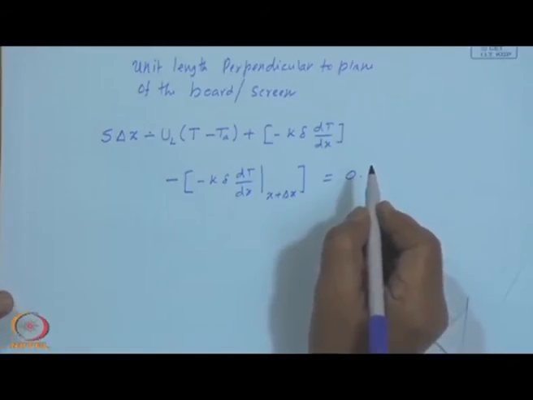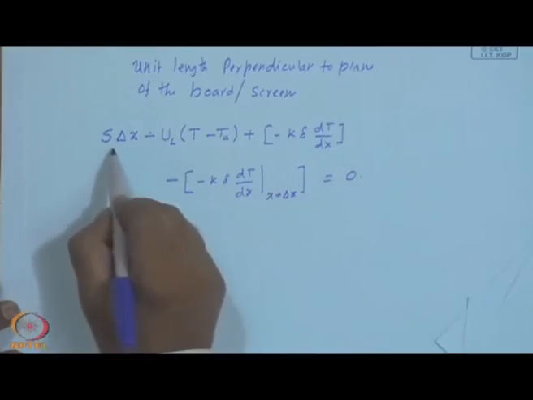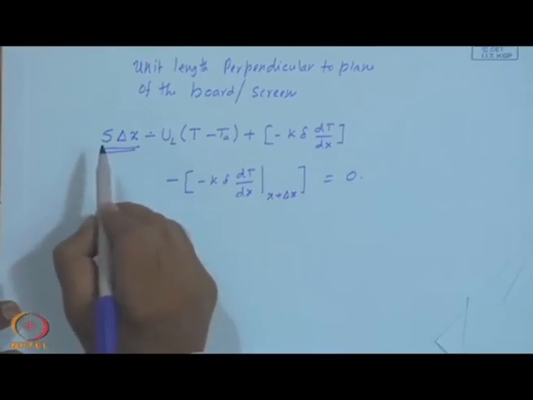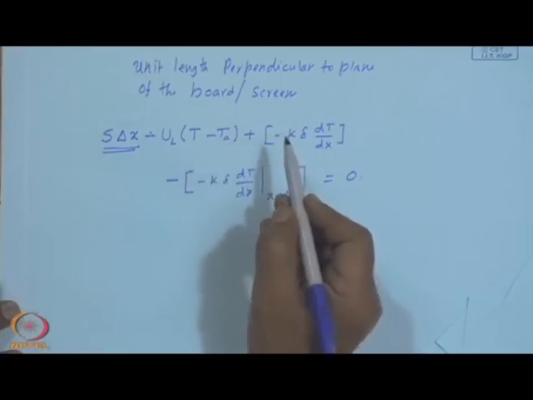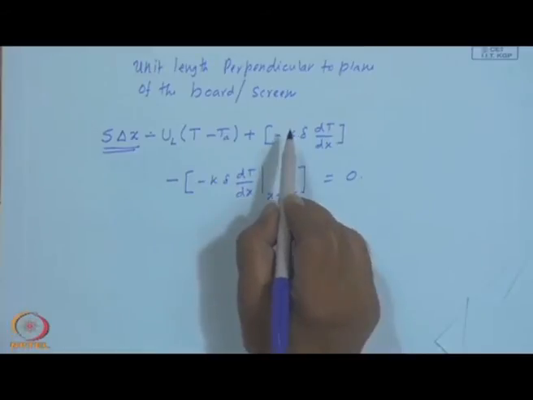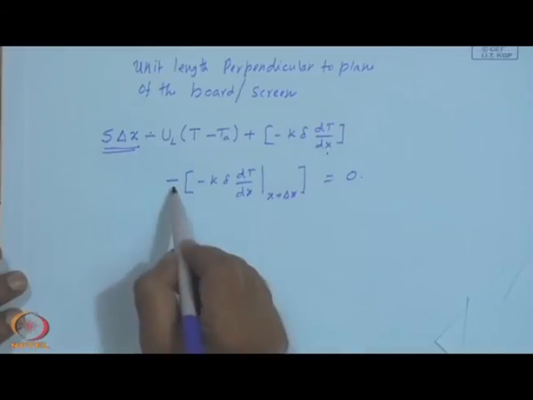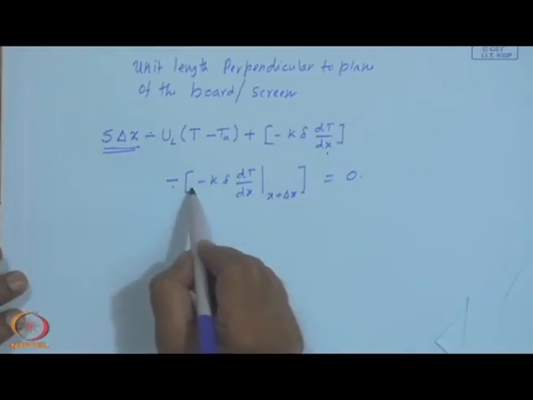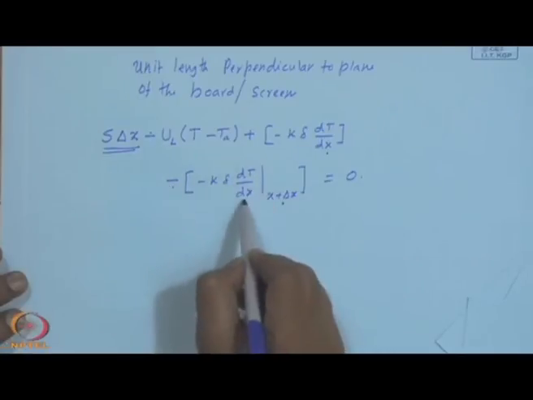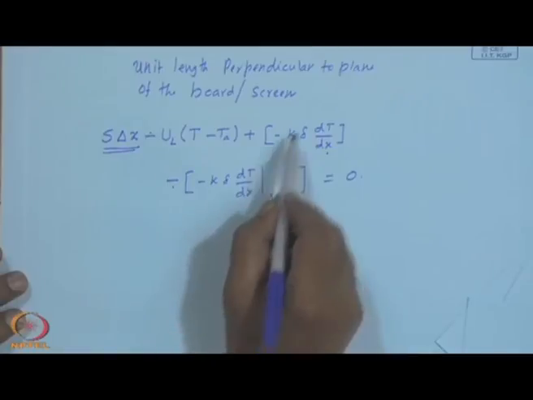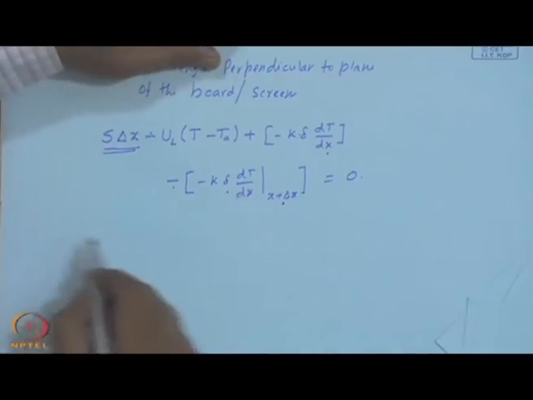I prefer to write this equation not just as an equivalent, but in terms of physics. This is an entering radiation that is absorbed, and U_L into (T minus T_a) leaves, it is a loss, and on one side the entering is given by Fourier law of conduction, minus k delta dT/dx, and what presumably leaves the control element is the same thing at x plus delta x. So, there is a minus sign. Now, the gradient of dT/dx is going to take care of whether this is positive or this is larger, this is smaller, etc.